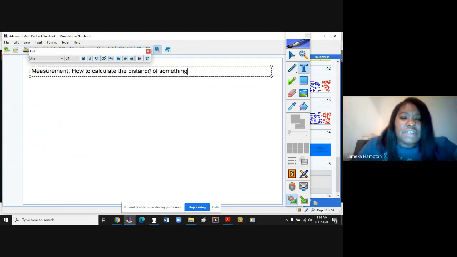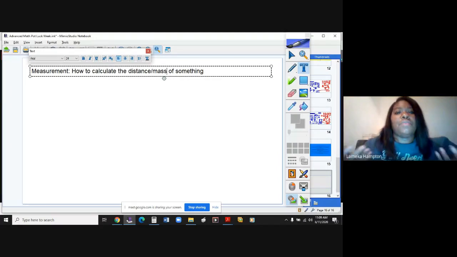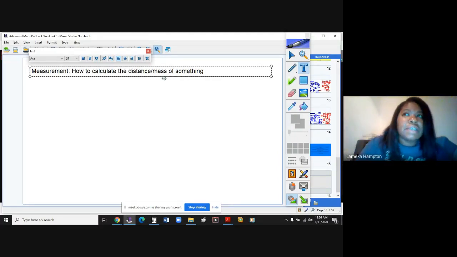The distance or mass of something. So how much something weighs, that can also go with pounds, ounces, tons, and all of that good stuff.